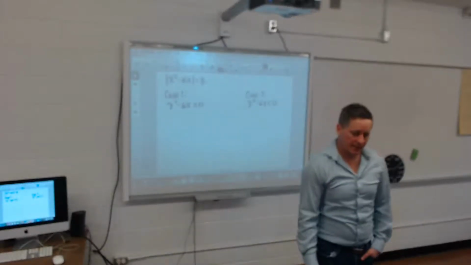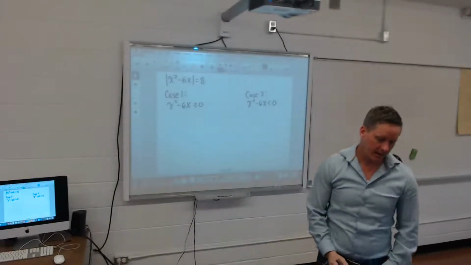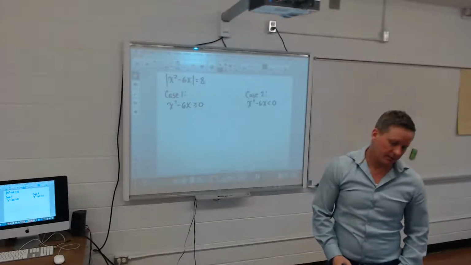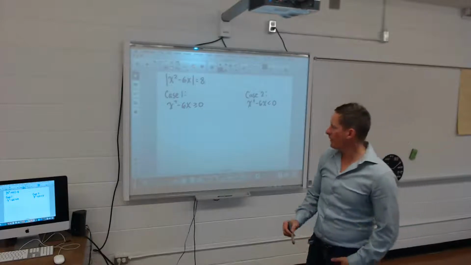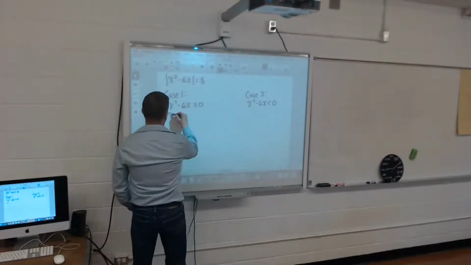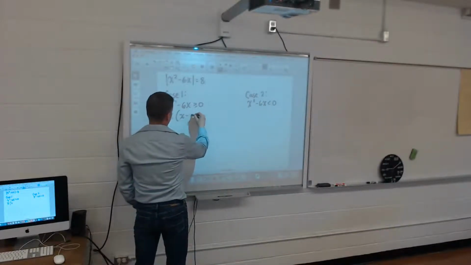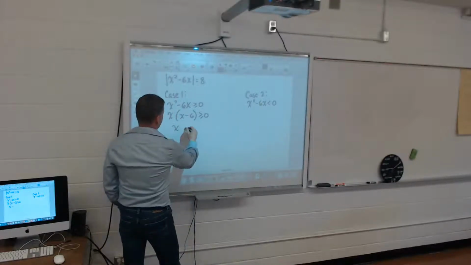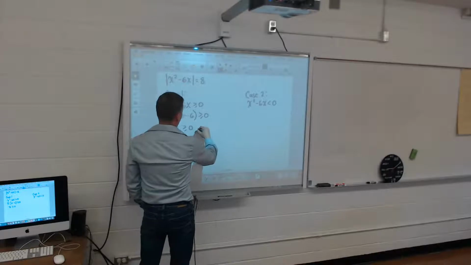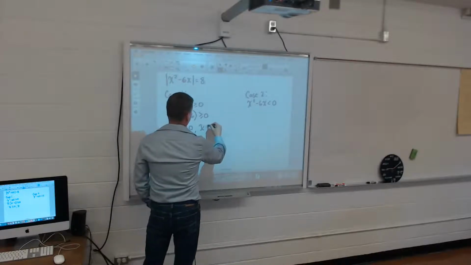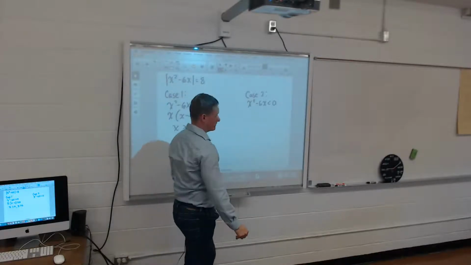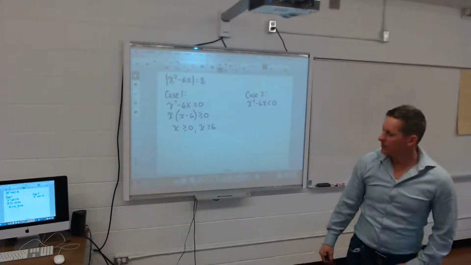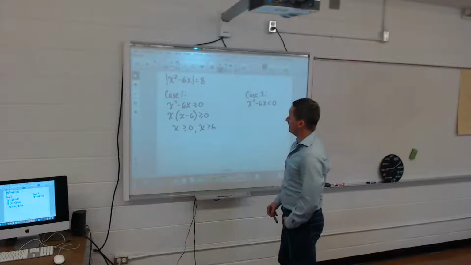I have x squared minus 6x is greater than or equal to 0. Therefore, if I factor this, that means that x is greater than or equal to 0, or x is greater than or equal to 6. So those are my two cases.